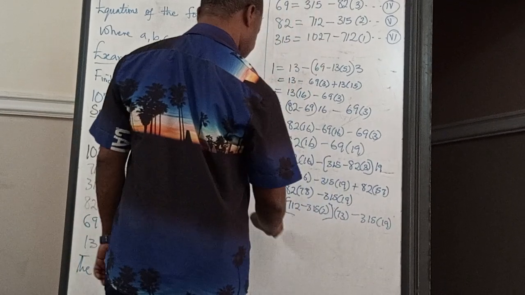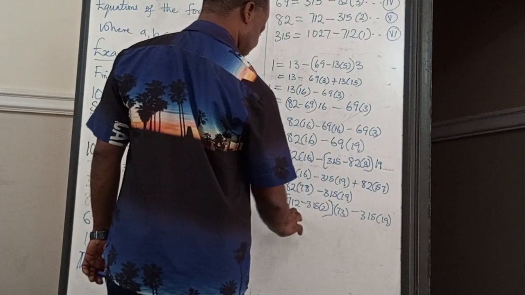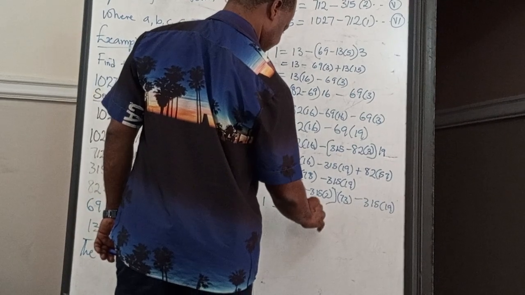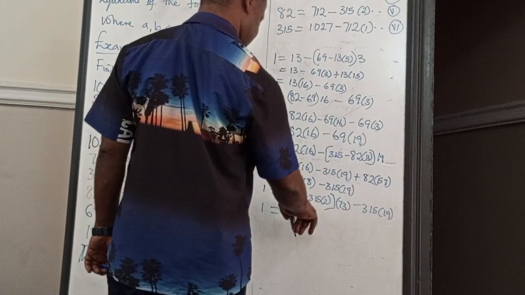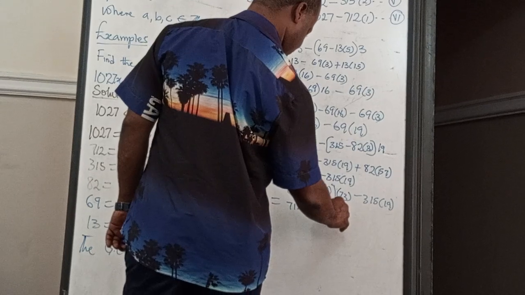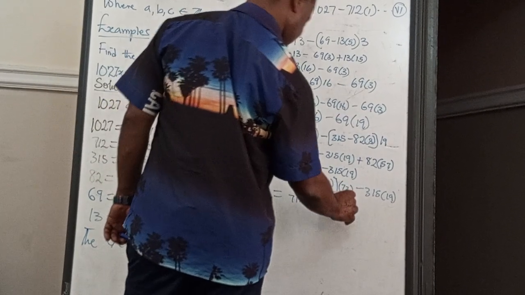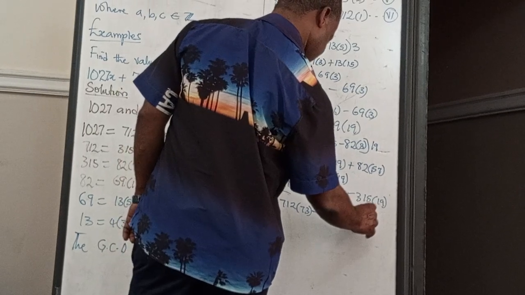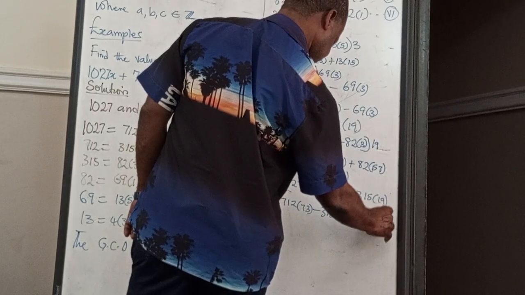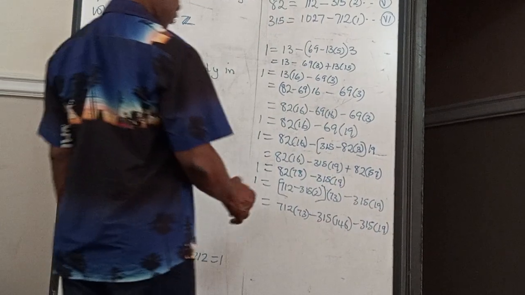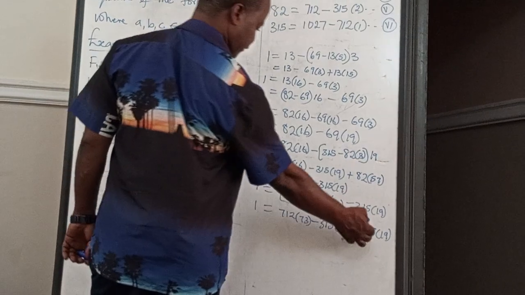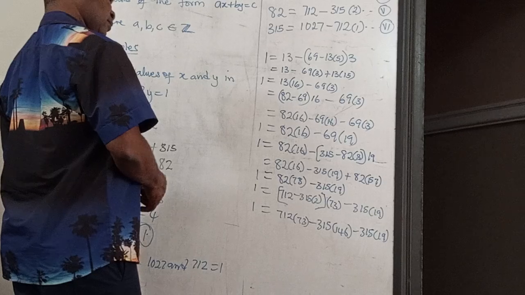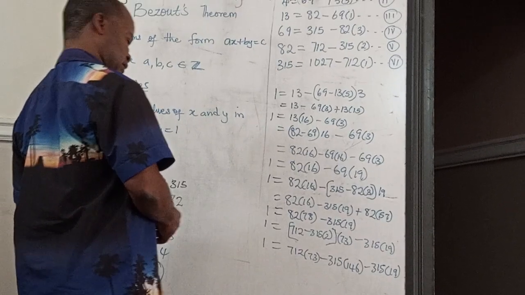Okay, so we are going to expand this bracket to have 73 times 712, to have 712 times 73. Okay, then minus 315. 2 times 73 is 146. Okay, then minus 315 times 19. Now, the variable is negative 315. So you need to add 146 to 19. That should give us 165.